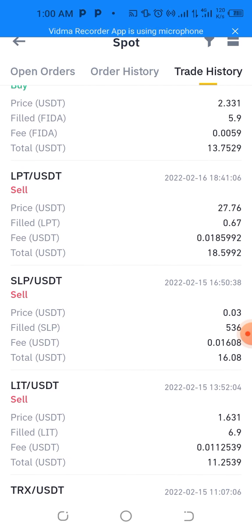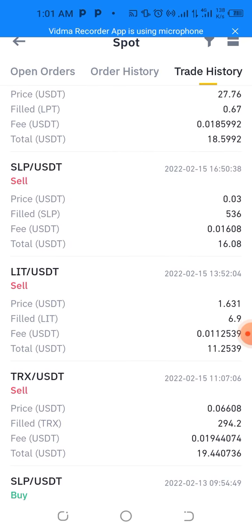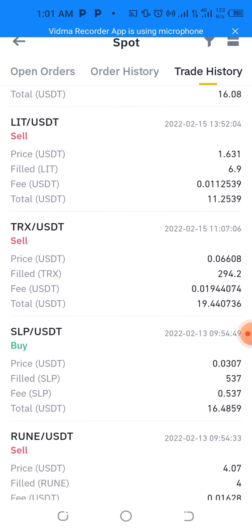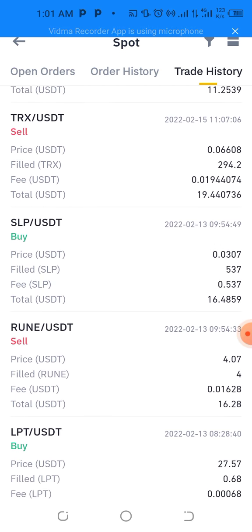Now this LPT, right? I sold LPT. As at the time I sold this LPT, it was $27.76. So the total USDT I sold this thing for was $18.5. Then this is SLP.